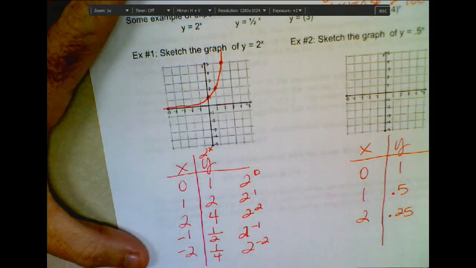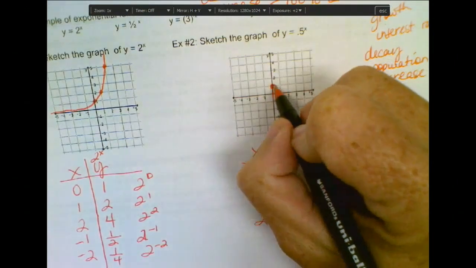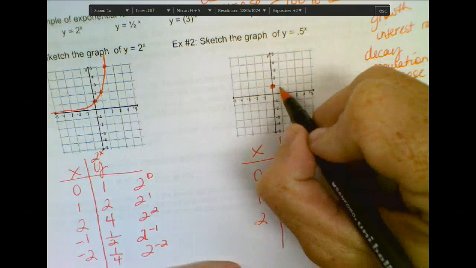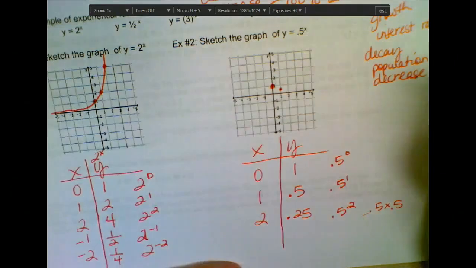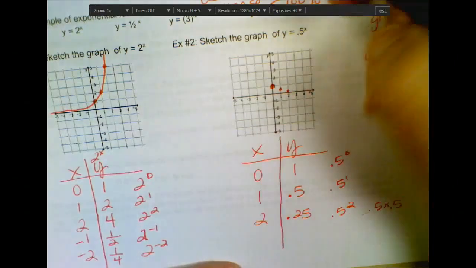Be careful of your decimals in here. That's 0.5 times 0.5. Okay, so our graph is 0, 1, 1, and 0.5, and 2, and 0.25.